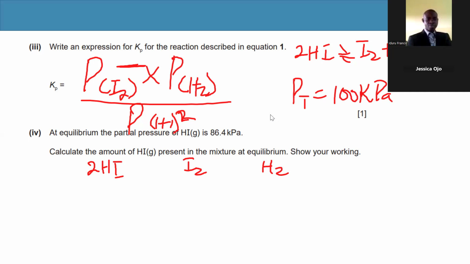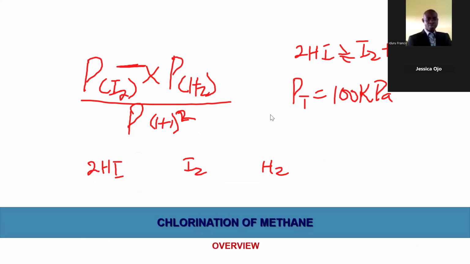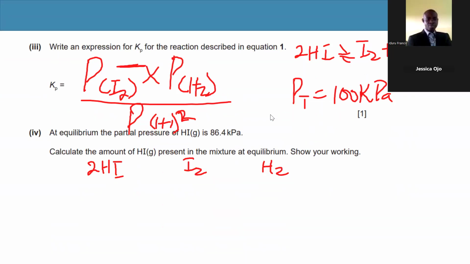So what are we given? The initial concentration is 0.025. So we have 0.025, then 0, 0.